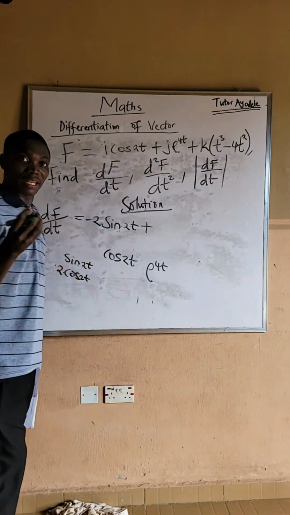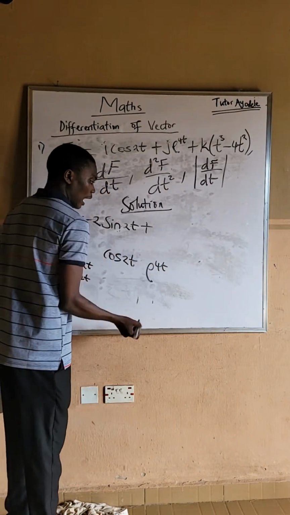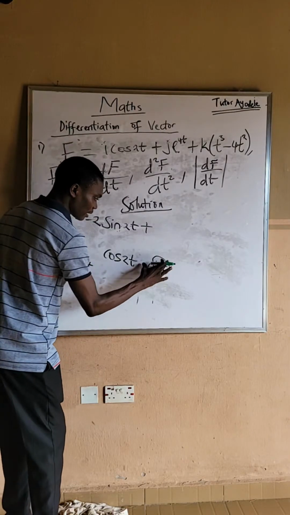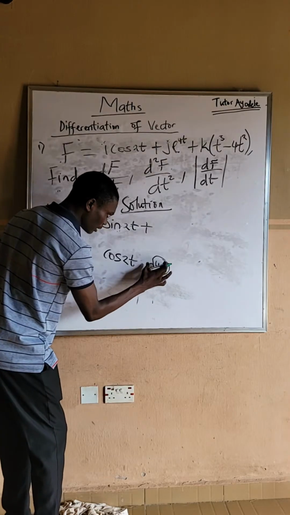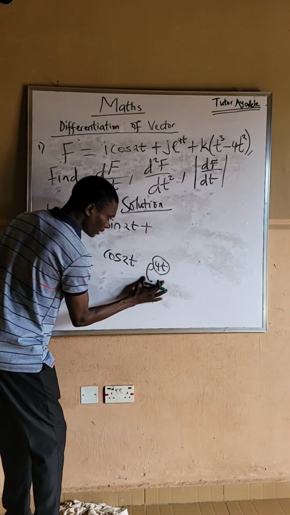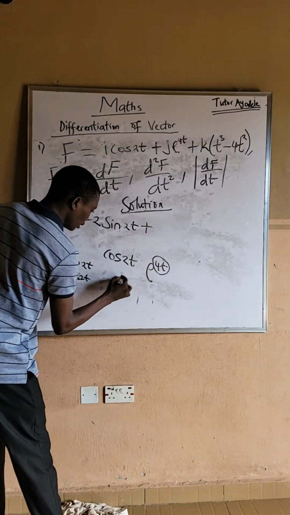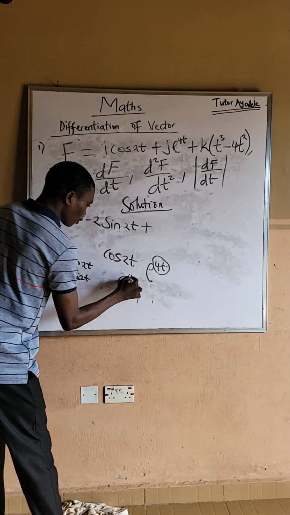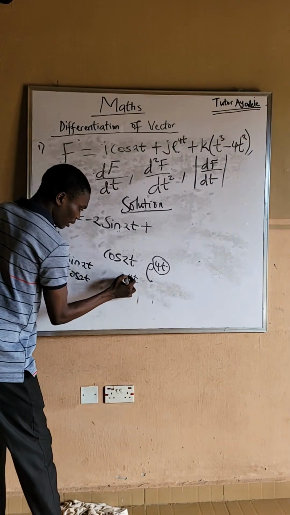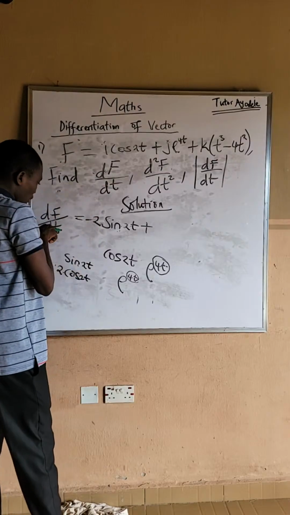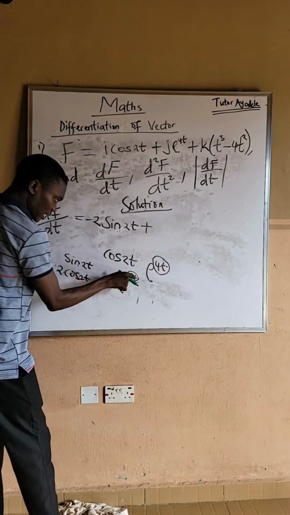There's usually a simple trick to get this. I will just use the differentiation of the power to multiply it and copy the same thing back. For example, if I have e raised to the power of 4t, what is the differentiation of 4t on its own? We are differentiating with respect to t, and the t is found there.